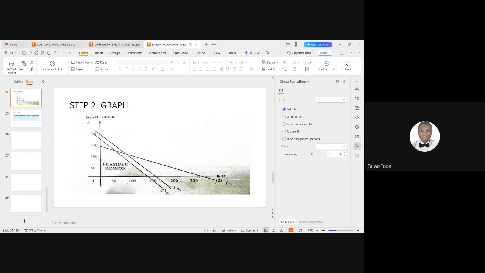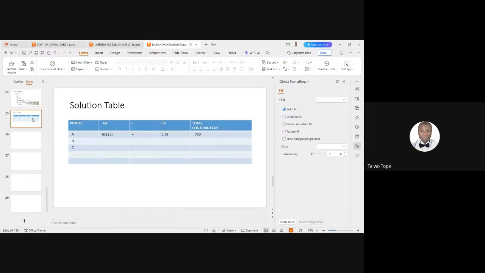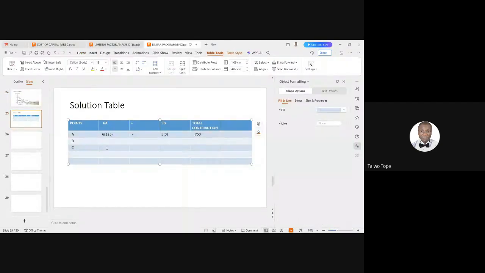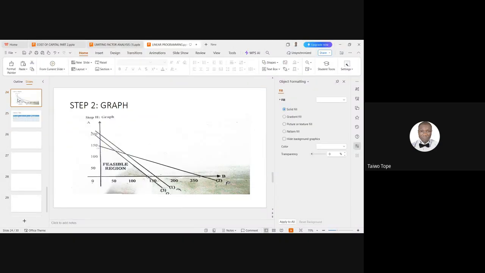So we need to go and look for those equations that make up the foundry and painting departments. Let's just take note of that. Let's quickly treat C so that we'll go and do the workings for B.